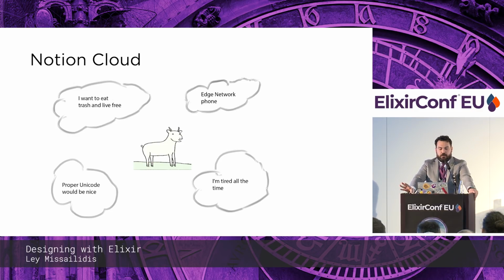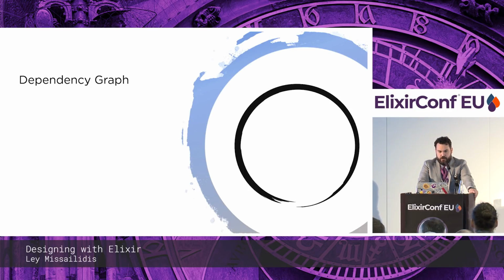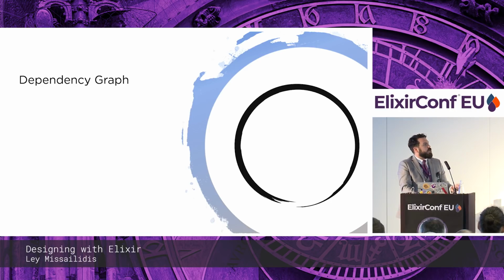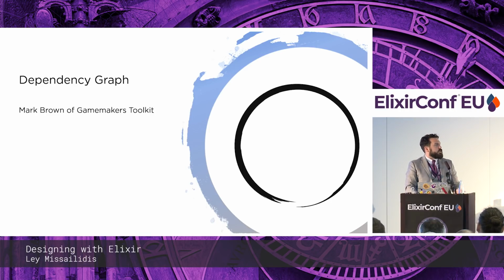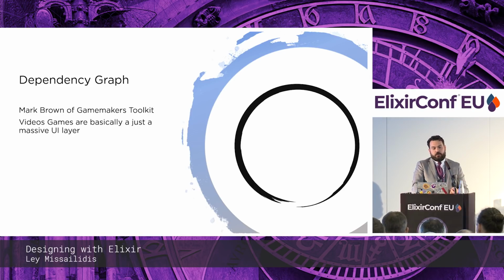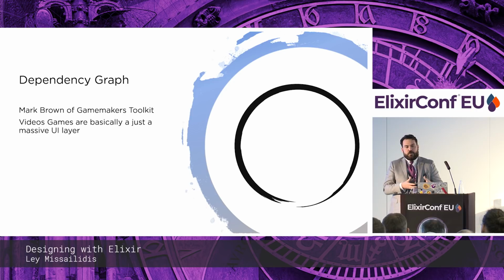Again, so stage 1. Now, stage 2, so this is called the Dependency Graph. We've all seen them before, but I've been watching this YouTube series called Boss Keys by Mark Brown on the channel Game Maker's Toolkit. And video games are basically one large UI layer.